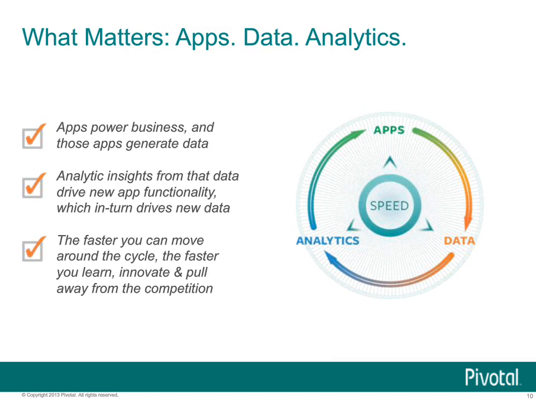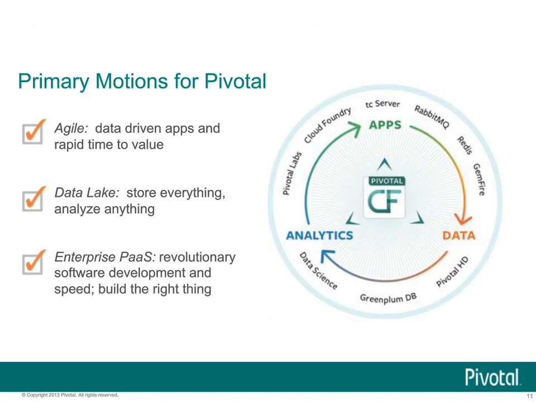Pivotal is positioned well with its wide range of products and services that map to this cycle very well, and it lets organizations store everything in a data lake, data from multiple lines of business, and run analytics on those stored data sets inside the data lake using analytic libraries such as MADlib, which is available on top of the Greenplum database and Pivotal HAWQ.